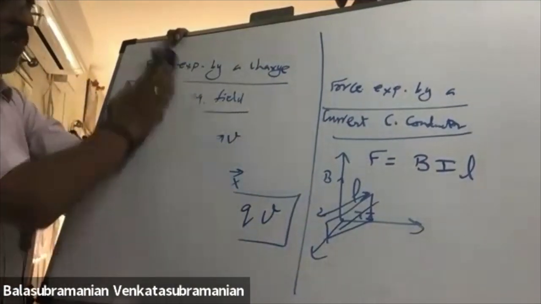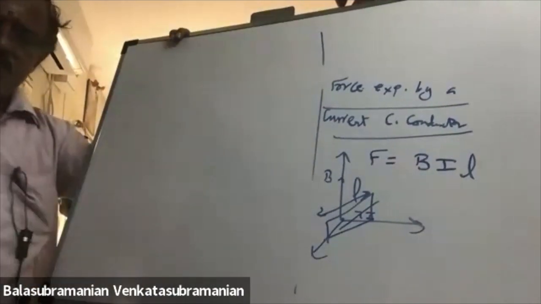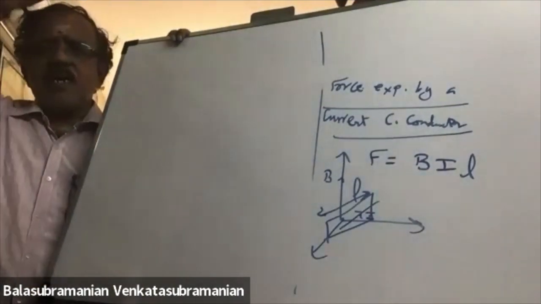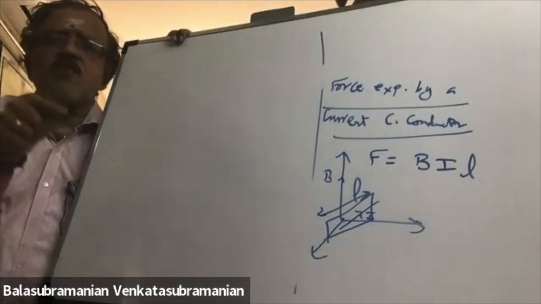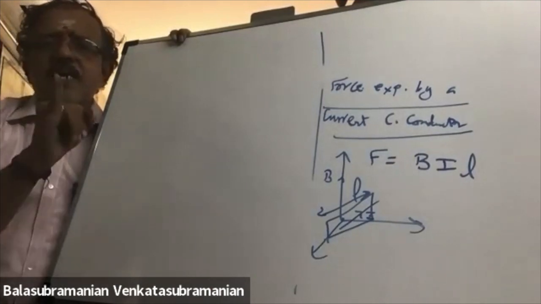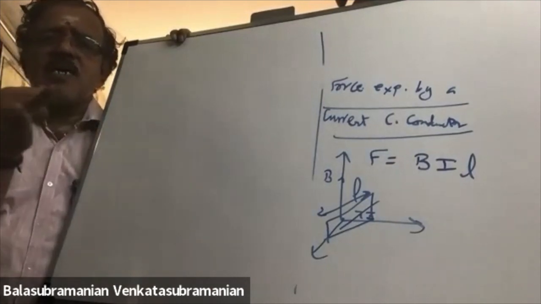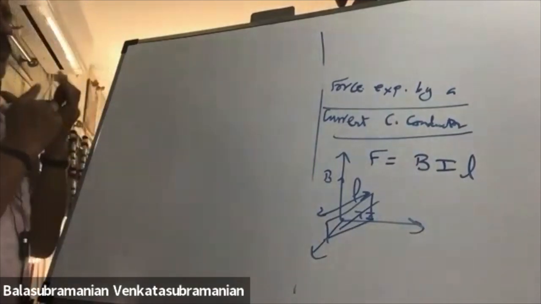You told something about Fleming's left-hand rule, sir. What is the meaning? Sir, you are keeping a current carrying conductor in a magnetic field, then it experiences a force. So magnetic field direction, current direction, force direction, all the three have to be considered. What is the meaning?